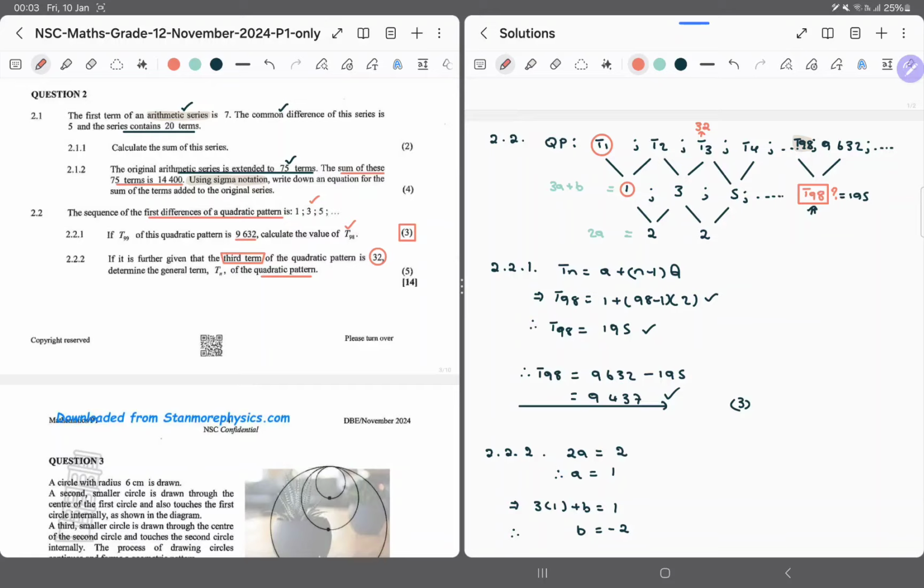Now if we change this to 98, where n is, and then guess what? We find 9,437. So with these fancy calculators, guys, we can do this very quickly, because once we have the framework, we are good to go. And indeed, T99 gives me 9,632.